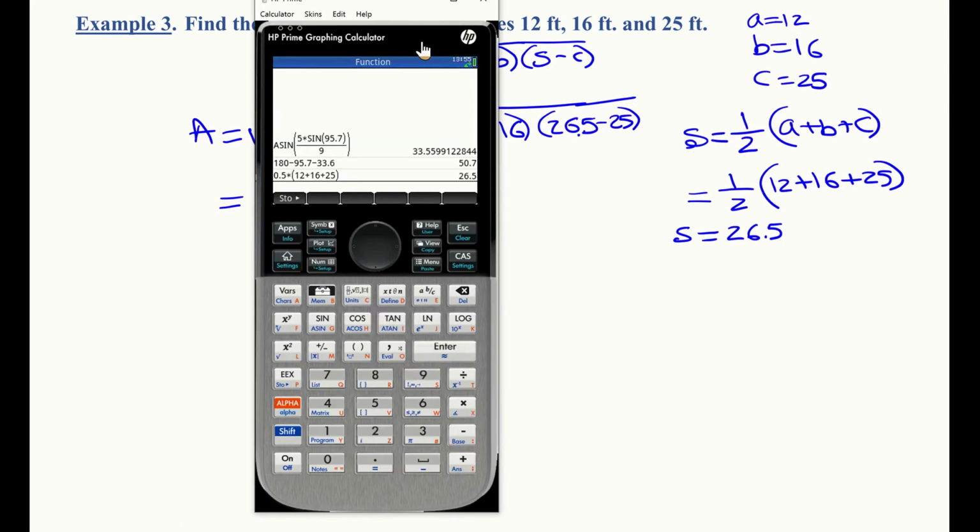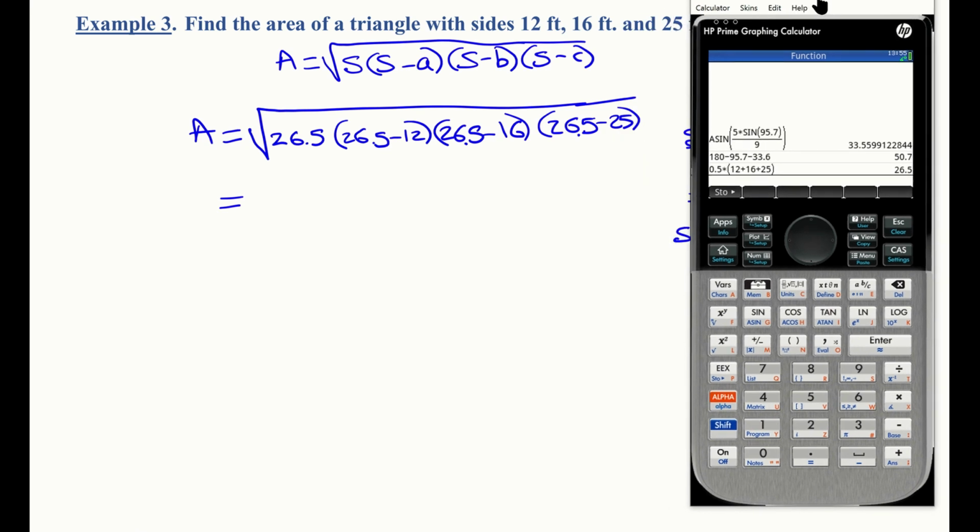All right, so we don't need to do any of that. We can just type it all in one shot. So we're just going to carefully type it all in.